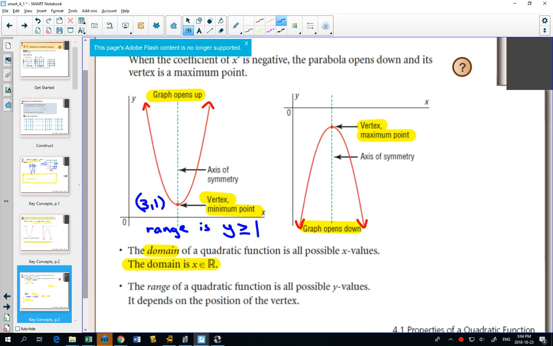If I looked at this one, and it looks like here, if I make up a value, my vertex is at 3, negative 2. Then my range would be that y values are less than or equal to negative 2. So those are some examples of how the range would change.